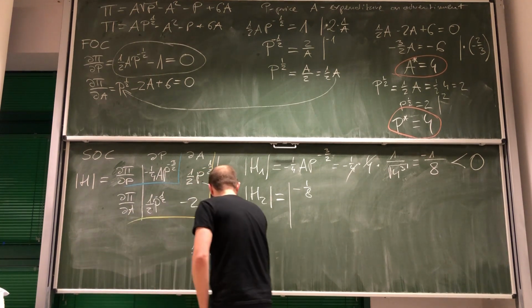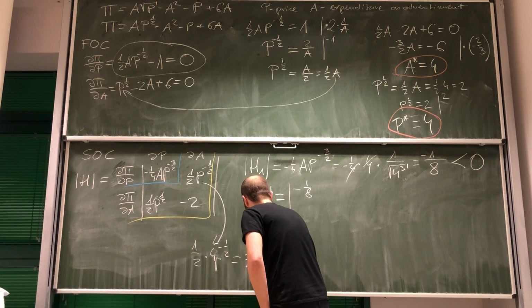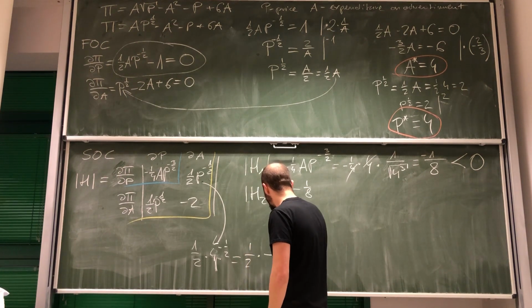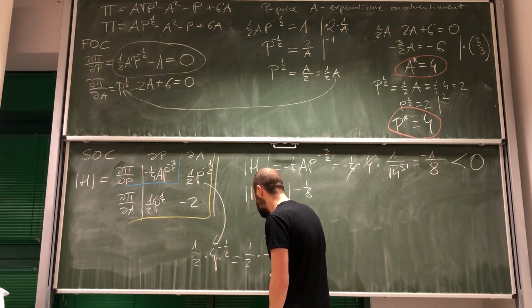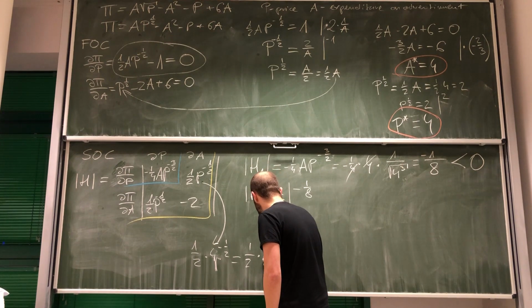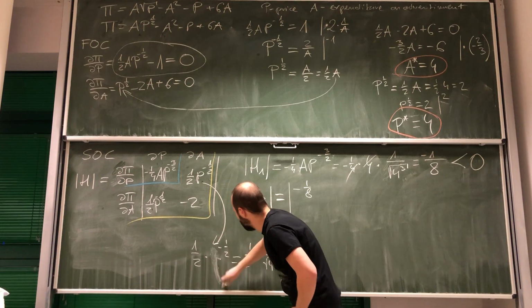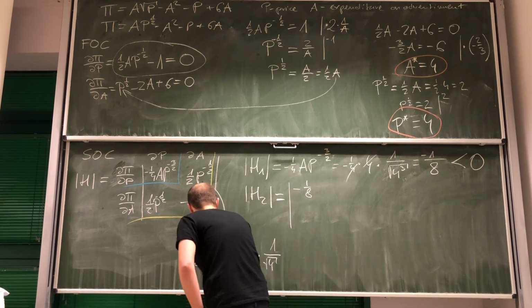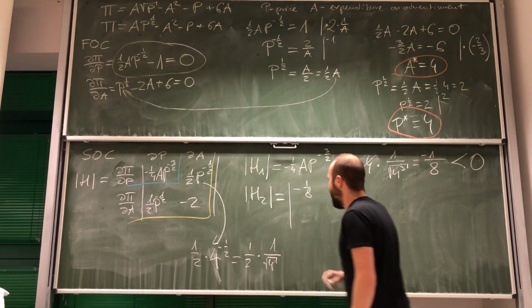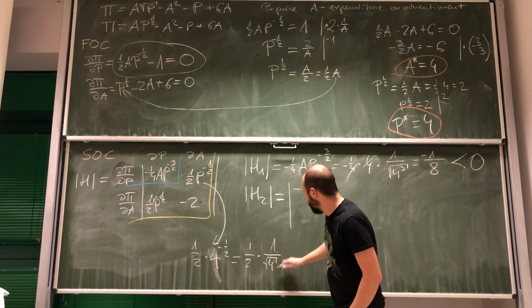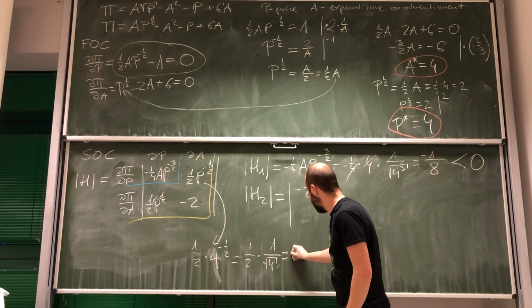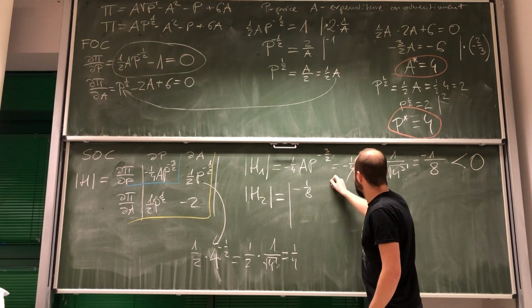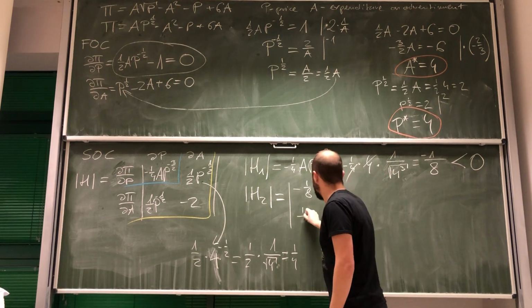Or in other words, this is 1 over 2 times 1 over square root of 4, right? I'm sorry, that looks so bad. Okay, and well, this is just 2, so we get that this is 1 over 4. 1 over 4 over here.